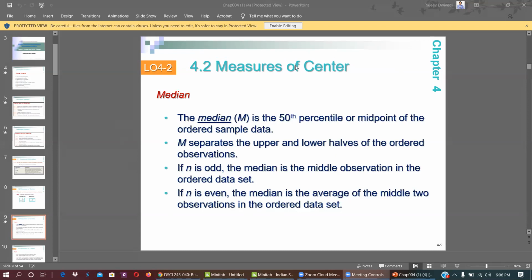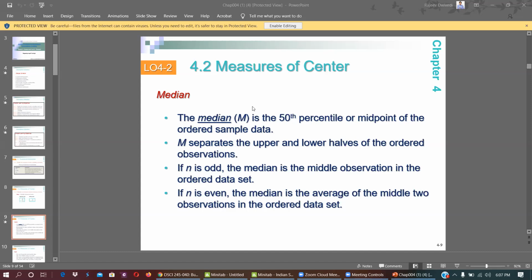What is a median? Median is the central value, the center point of the data. How does it work? Suppose I want to take the median age of my class. First, I will arrange the data, the age numbers that I collect of my students, in order from smallest to highest.